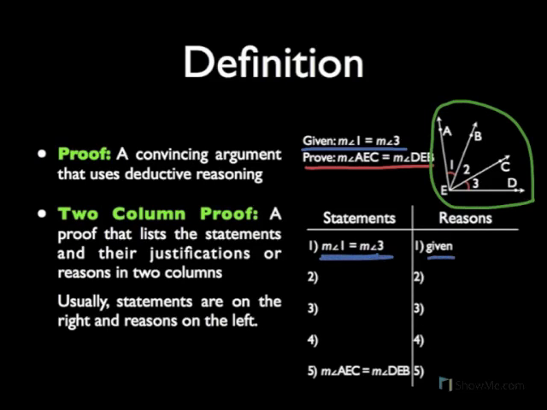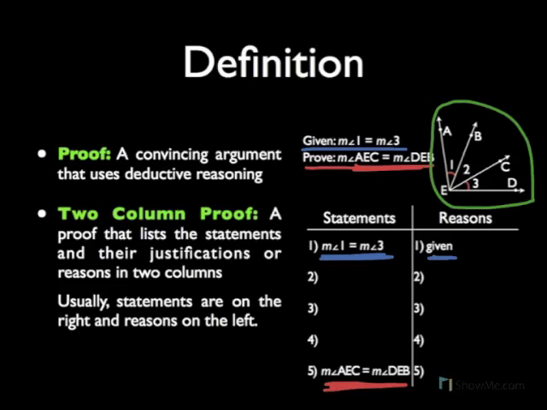We start it with the information that we are given, and the reason for the information, of course, is given. Notice how we end the proof. We always end it with what we are trying to prove. But notice that the word prove does not appear as a reason. That is never a reason.